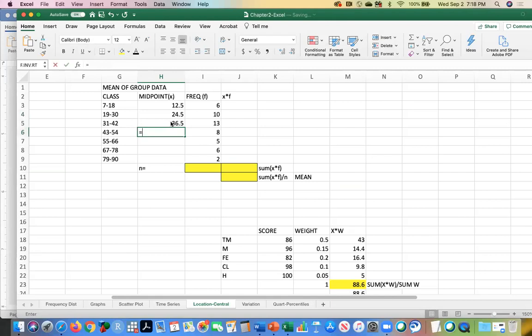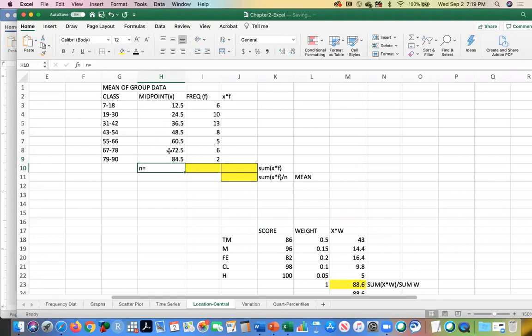Then 43 plus 54 divided by 2, then 55 plus 66 divided by 2. Once again, almost the last one, 66 plus 78 divided by 2, and then 79 plus 90 divided by 2.